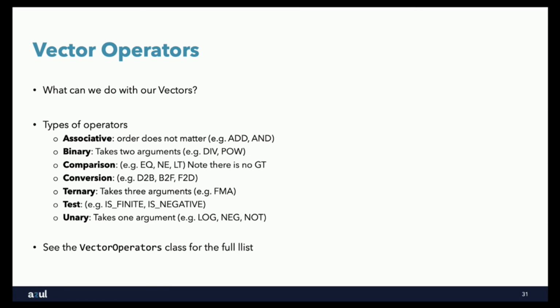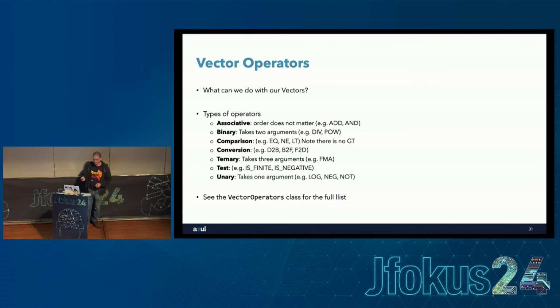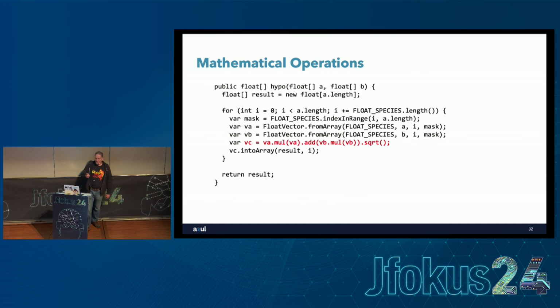Test, you can do for things like is finite, is negative. And then unary is where you've got one argument, because you want to take the log of a value, or the negation of the value, or the not, in terms of binary. If you look at vector operators, you will see a whole range of different things that you can use there. So if we want to use that, we can do really what we like.